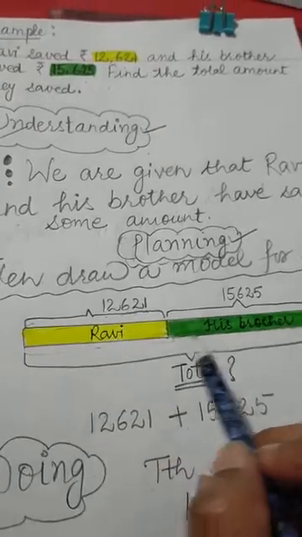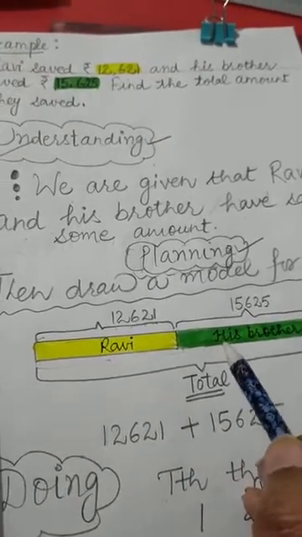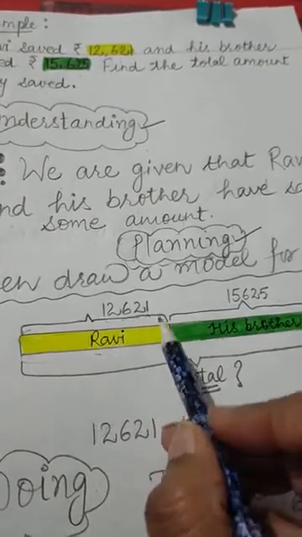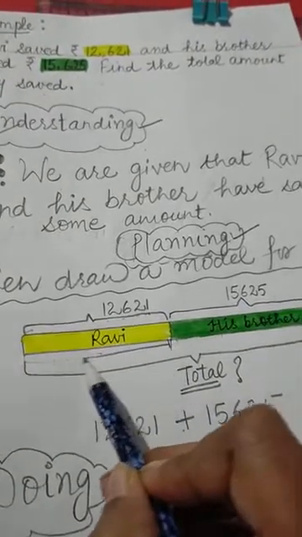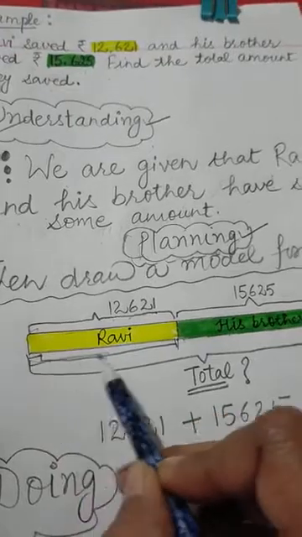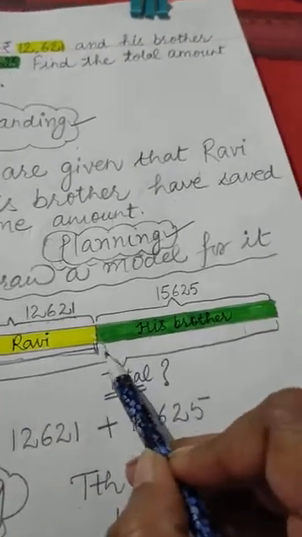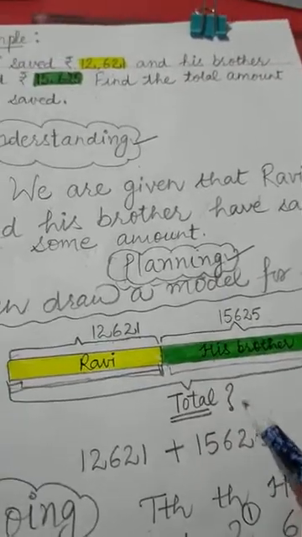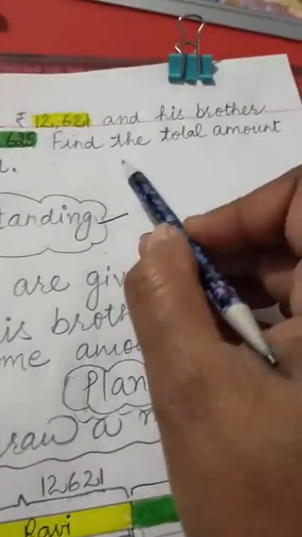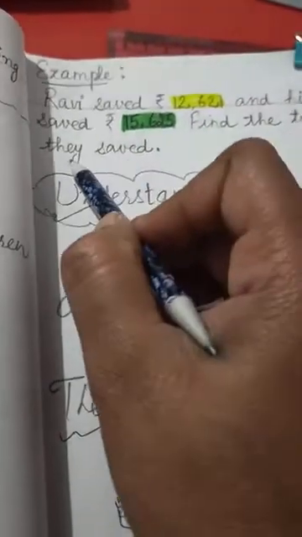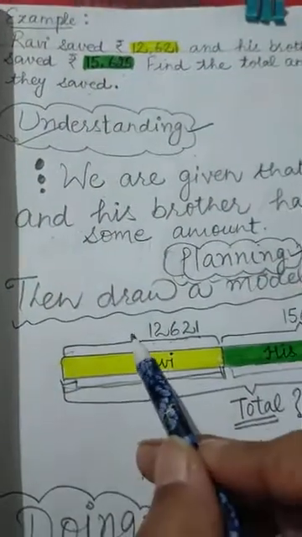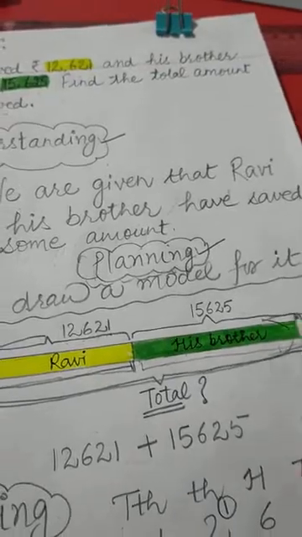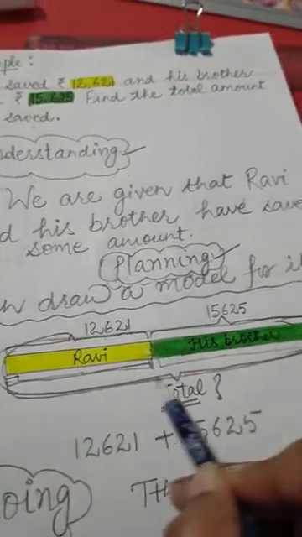Now after drawing the model, we know that Ravi saved 12,621. This yellow portion shows the money saved by Ravi, and this green portion shows the money saved by his brother. Now what we have to find out? The total amount they saved. How much total money have they saved?